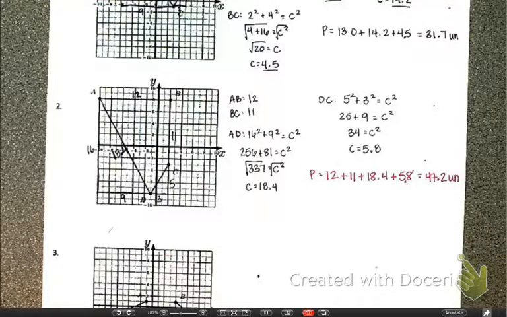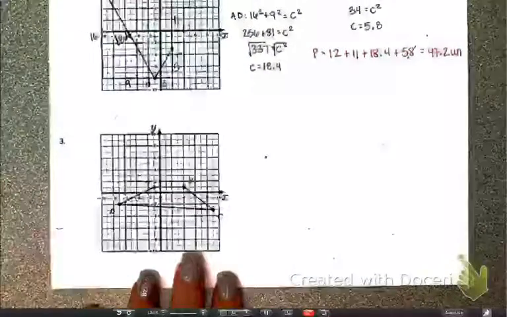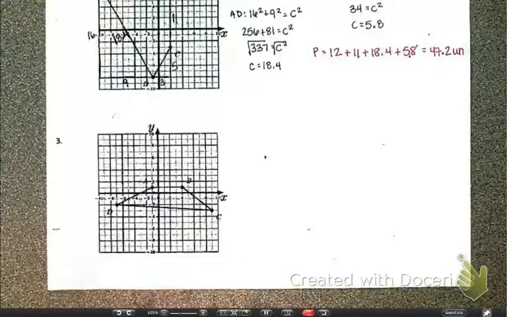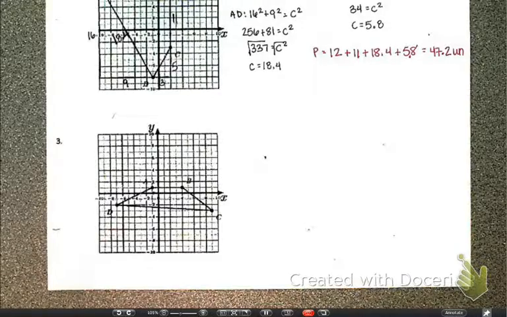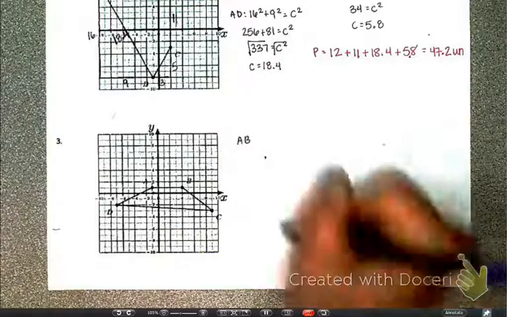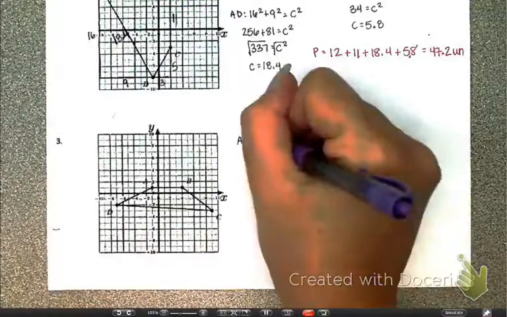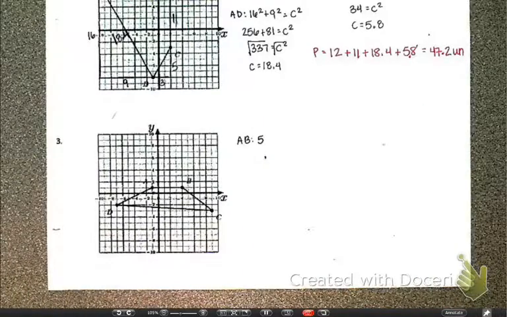Okay, I would like you and your group to complete number 3, please. So count the one that you can count, and then you'll have to find the distance of the other ones. What did we get for AB when we counted across? 5? Everyone okay with 5? I'm not going to actually go through and do distance or Pythagorean theorem unless somebody needs me to do it.